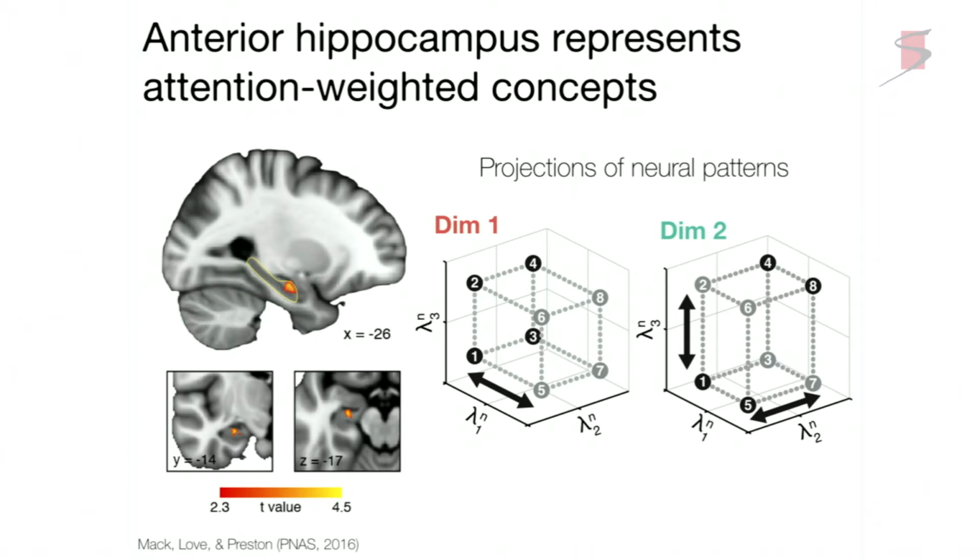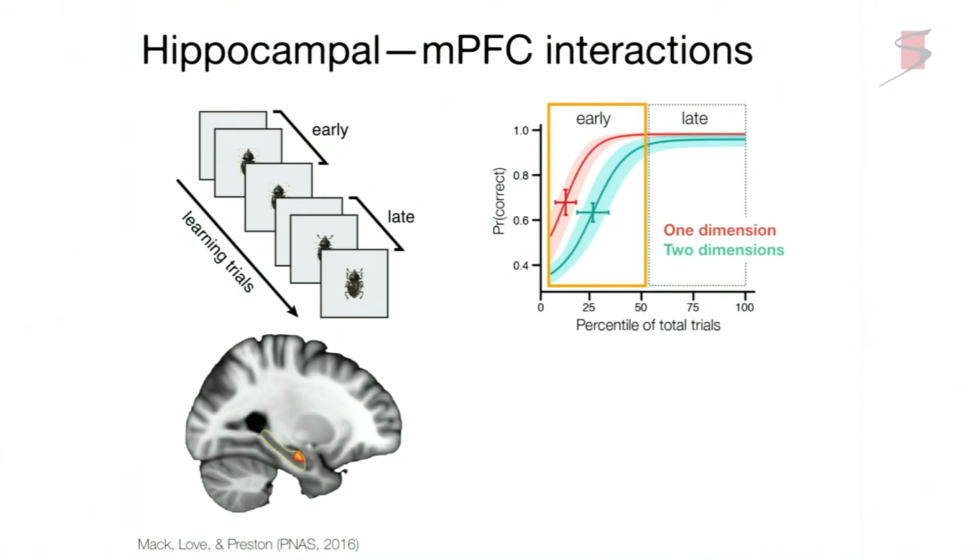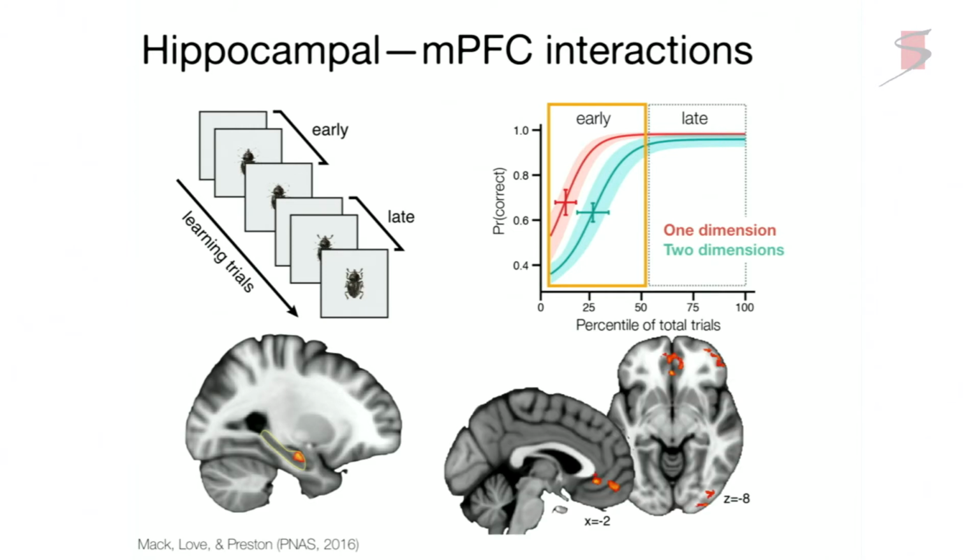Right? What we also show is that hippocampus is engaged with prefrontal regions early in learning, right? So during this phase, when we can see the maximal change in their behavior, we see increased activation between the anterior hippocampus and medial prefrontal cortex, as well as orbital frontal cortex.